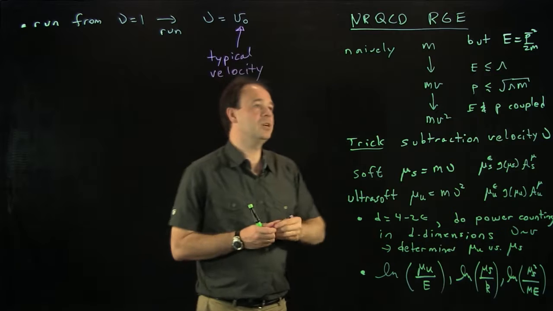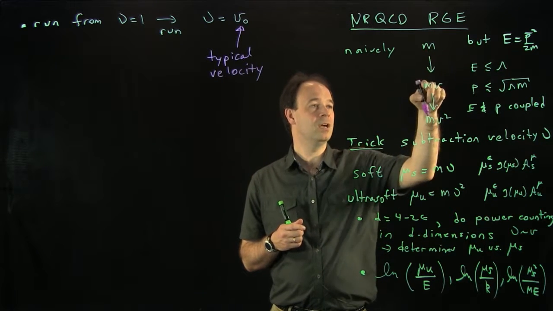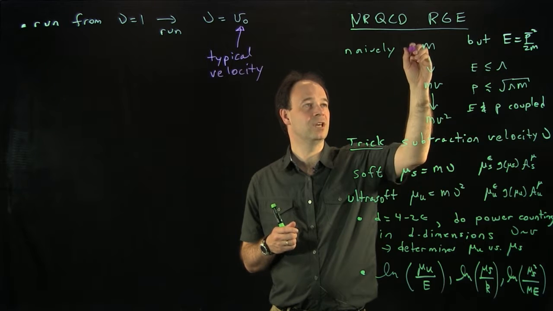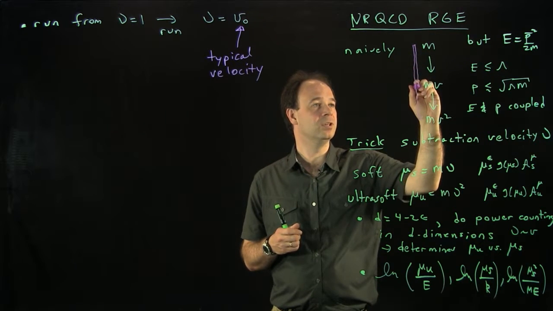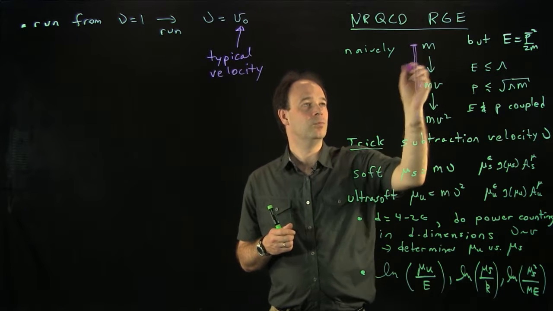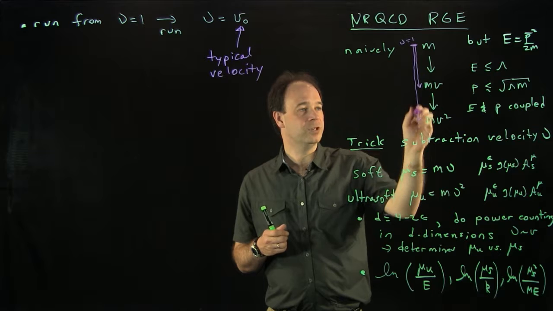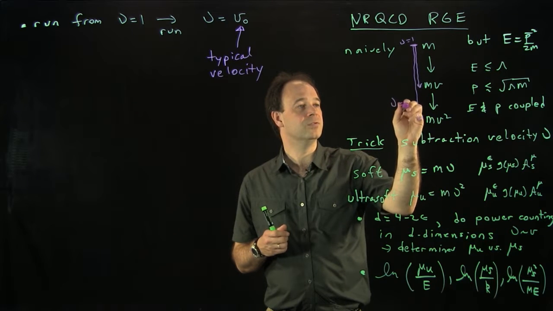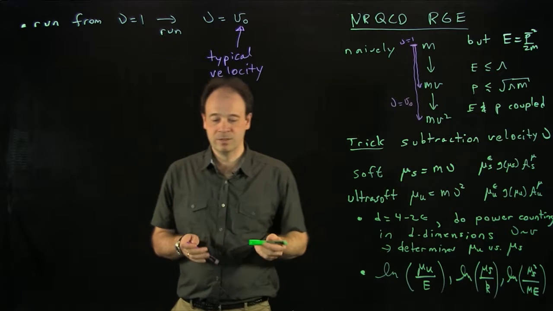And what that does in this picture here is simultaneously we go from m to mv and m to mv squared. So we're simultaneously doing this while at the same time doing this when we lower nu from nu equals 1. And then we reach these points when we get nu equals v0. OK, and so that's the way the subtraction velocity works.